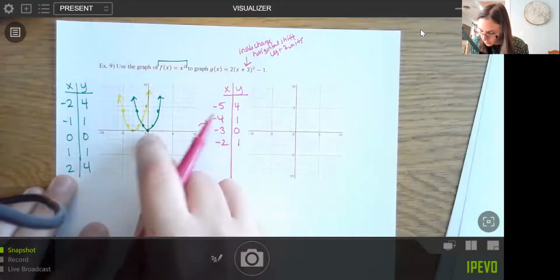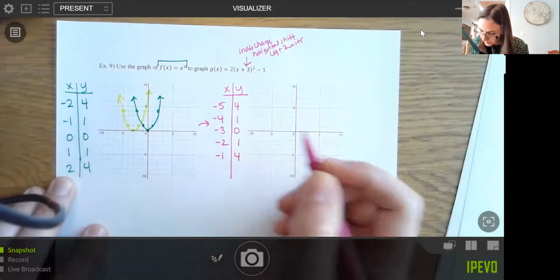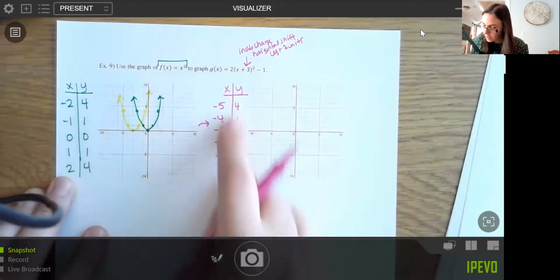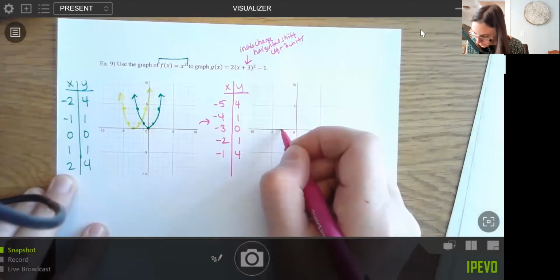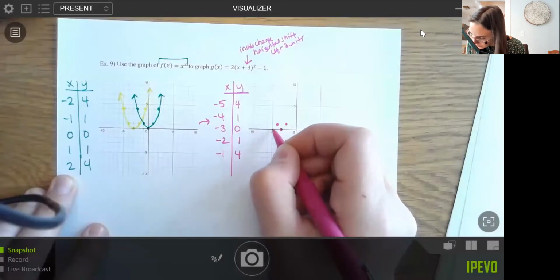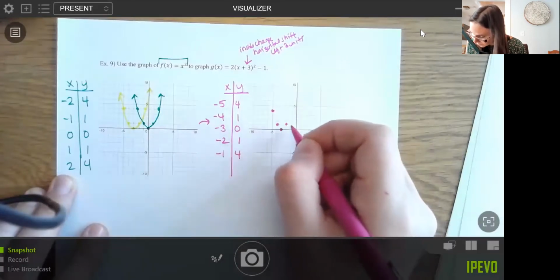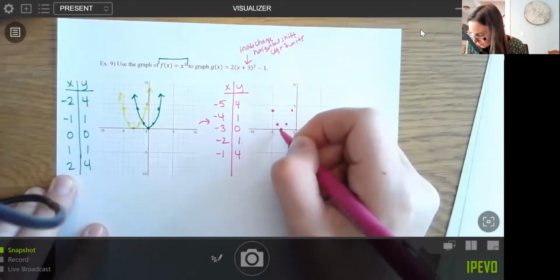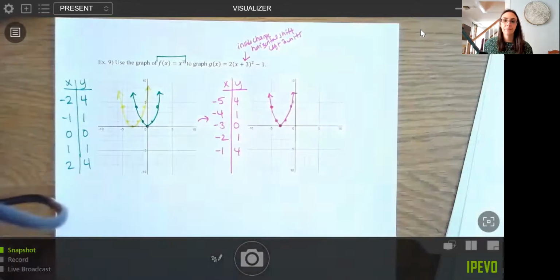And then my 2, 4 went to -1, 4. Okay, so I'm just matching up my points, creating my new table here. Okay, so that's your horizontal shift.